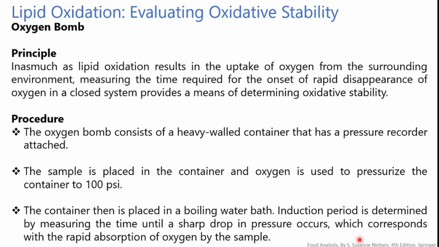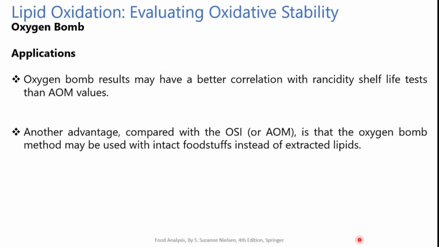The container is then placed in a boiling water bath. The induction period is determined by measuring the time until the sharp drop in pressure occurs, which corresponds with the rapid absorption of oxygen by the sample. In this way we find out the oxygen uptake of the given sample by using the oxygen bomb.